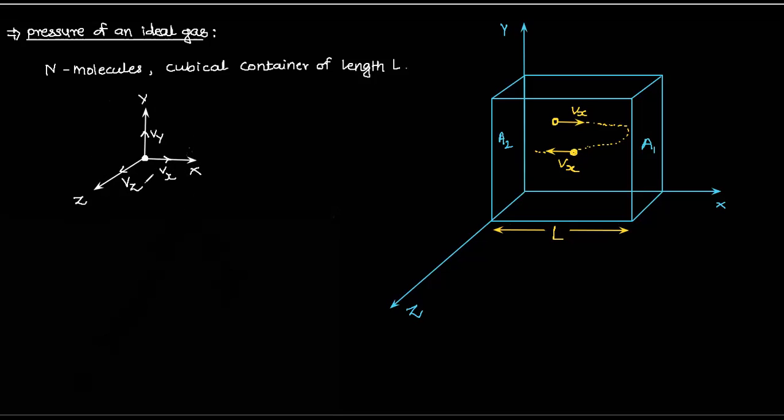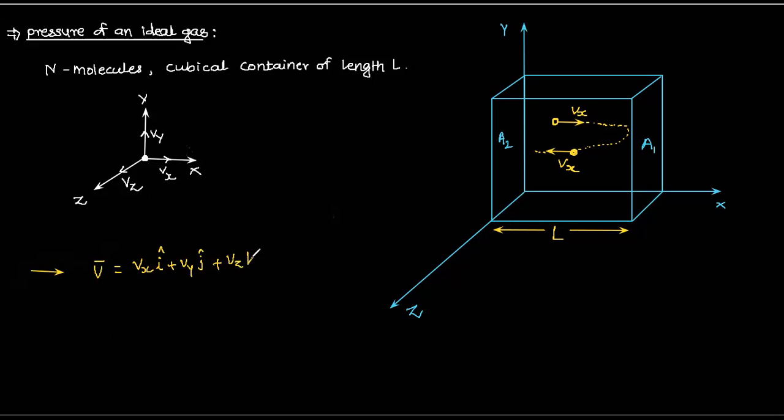So if I want the velocity, can I write it like this? V bar is equal to Vx i cap plus Vy j cap plus Vz k cap. And therefore the magnitude of V bar is the square root of Vx square plus Vy square plus Vz square.